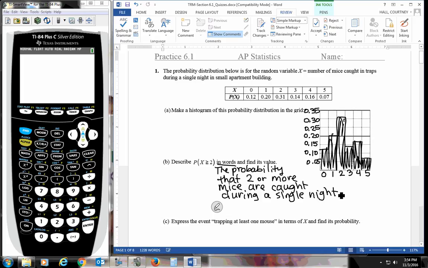And you could go on and be more specific and say in a small apartment building and so on, but that's good enough. So that's in words, but now we need to also find the value.